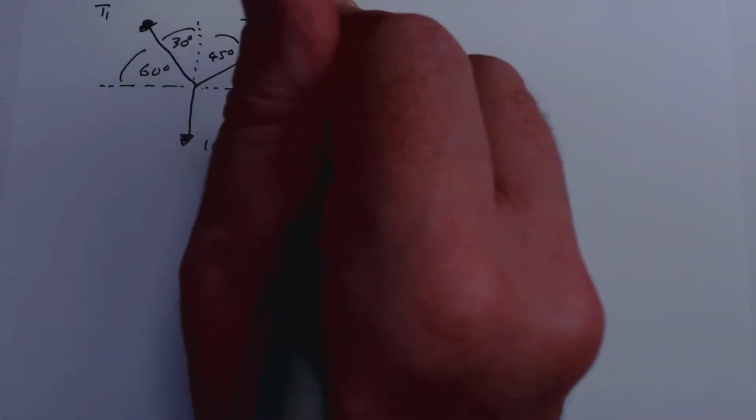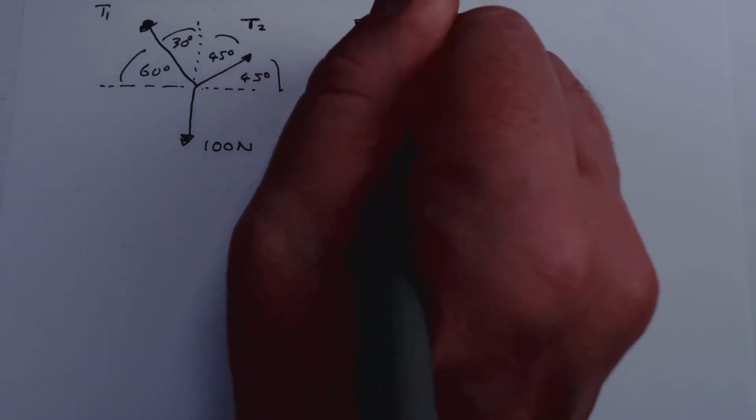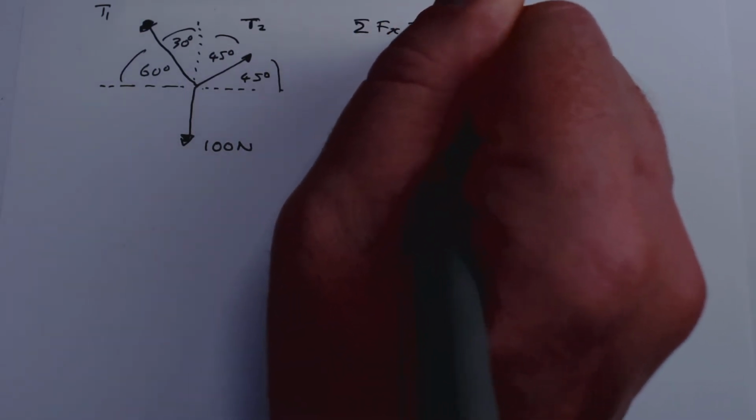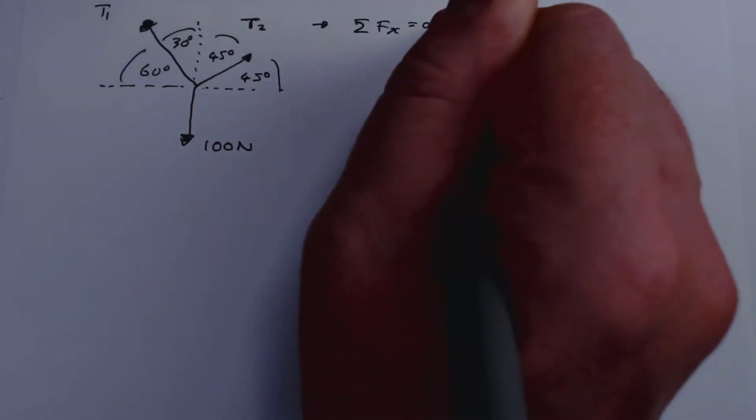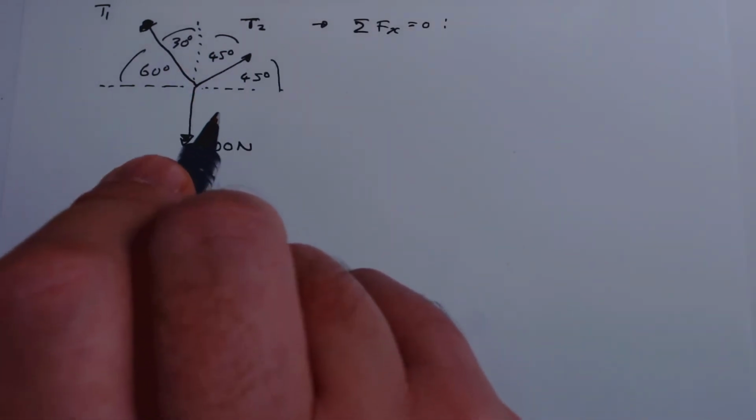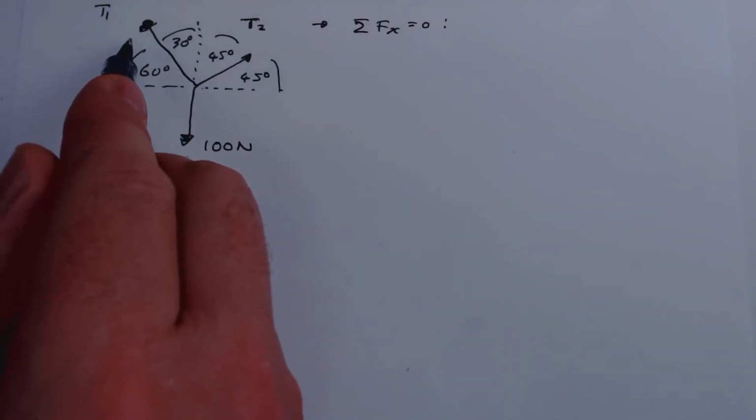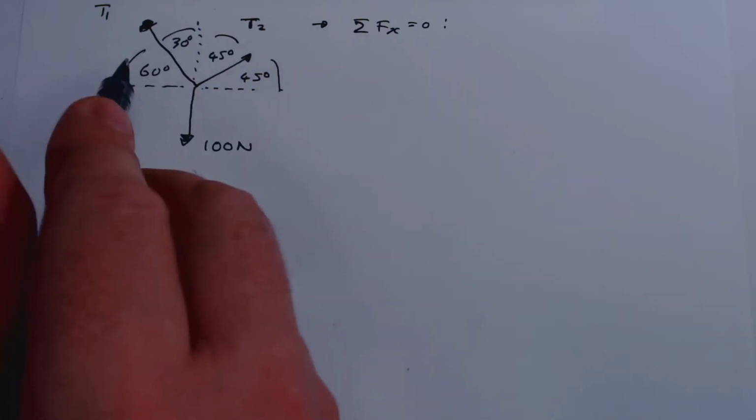So we're now not going to use irrational numbers, but we're going to use the angles and rational numbers. So we're going to sum up forces in the x direction. And what do we have? Well, this one here I've decided it's going to go left to right to be positive.